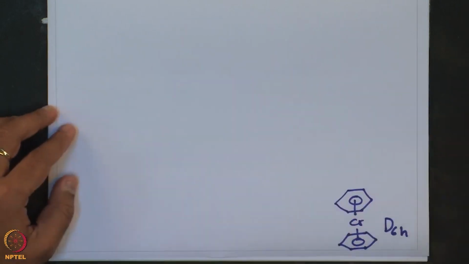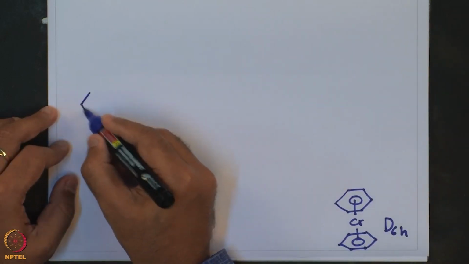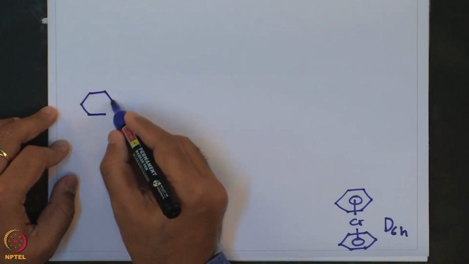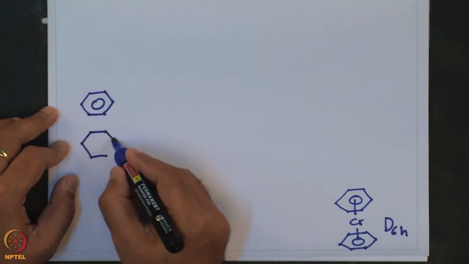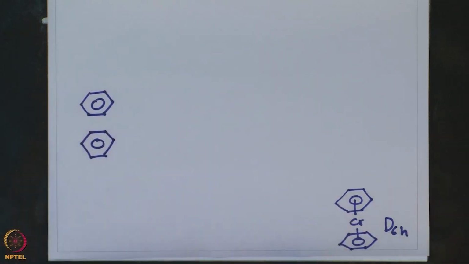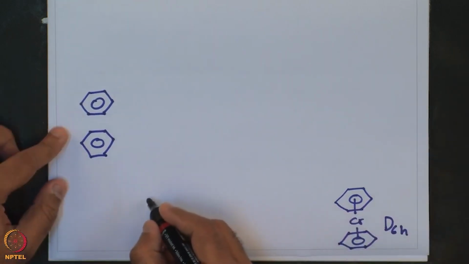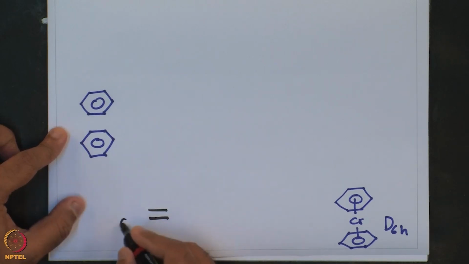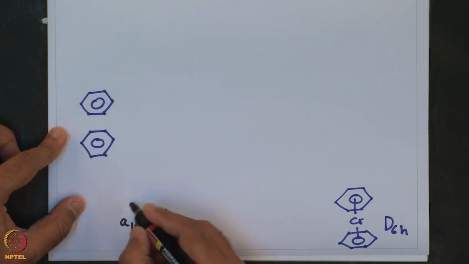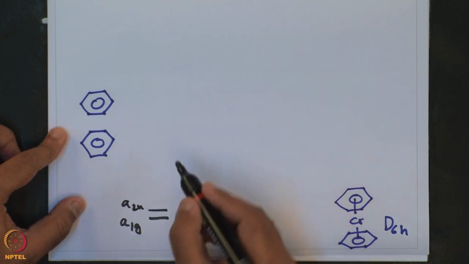Now, as far as the bis-benzene is concerned, in the eclipsed conformation, its ligand orbitals are A1g and A2u.